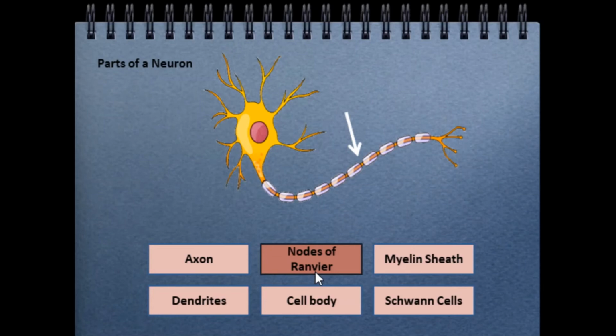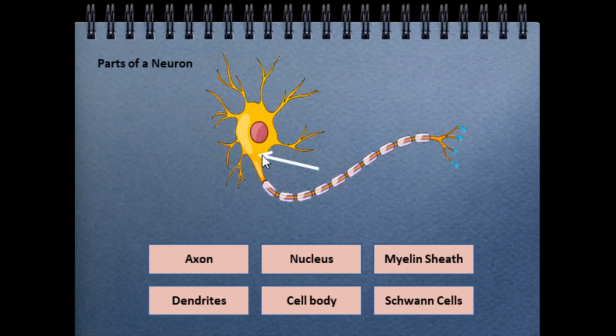Okay. Next, let's show the neuron and the arrow. It points to the yellow part of the neuron. What do you call it? Very good.